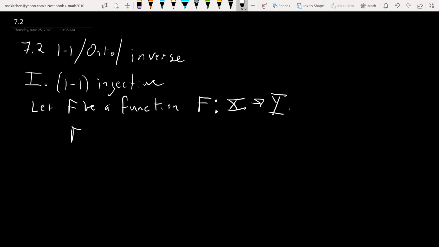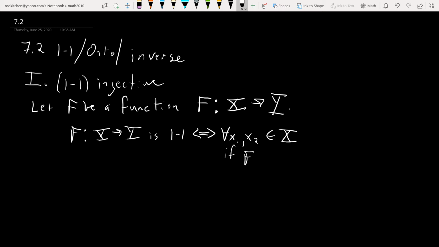So we'll say that this thing is one-to-one if and only if for all x1, x2 in the set X, if F of x1 is equal to F of x2, then x1 must be x2.